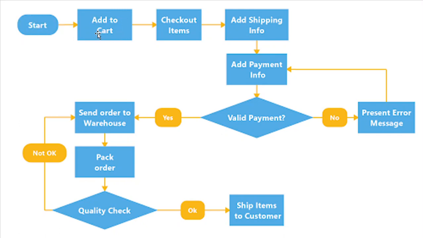Then rectangle for the normal process. And when it involves a decision, we use the diamond shape. And for the diamond, we have branches, and we must write yes or no, okay or not okay, for each branch from the diamond shape. So this is the flowchart.